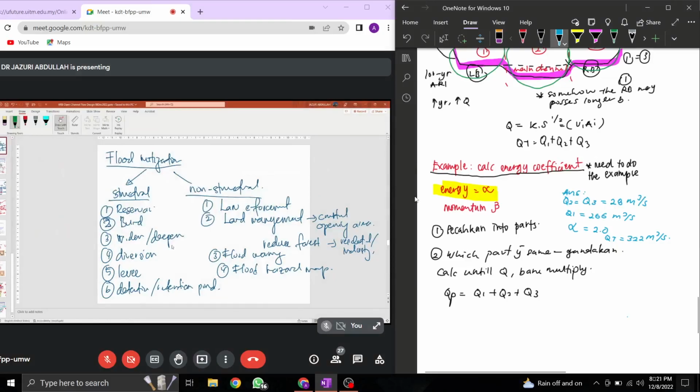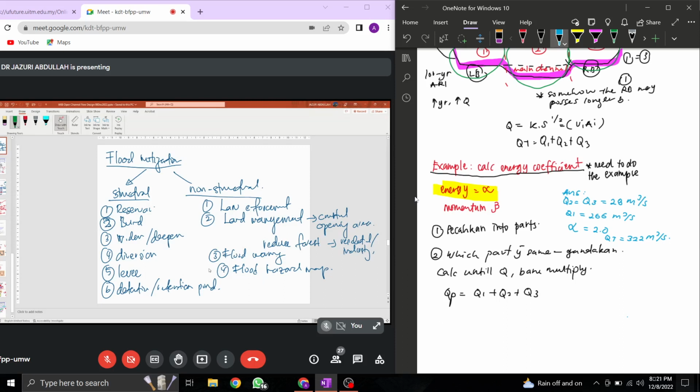Kalau kita nak tengok dari segi storage pula, berapa banyakkah storage yang perlu kita sediakan. Kalau nak buat diversion pula berapa banyak kita nak buat. Okay, kalau dari segi non-structural pula, kita nak letak flood warning system ni. So if you want to put in the flood warning system, nombor 3. So jadi berapakah pada ketinggian air manakah yang kita nak buat siren tu berbunyi.